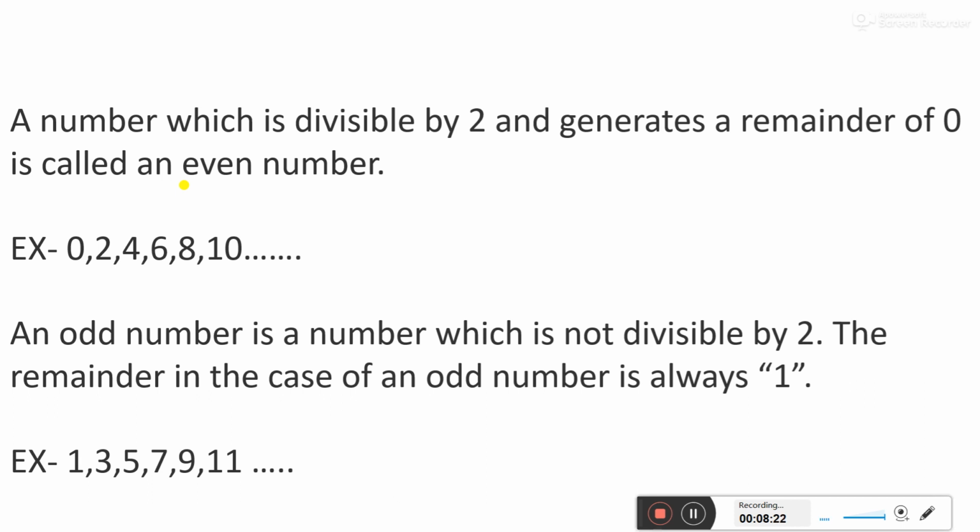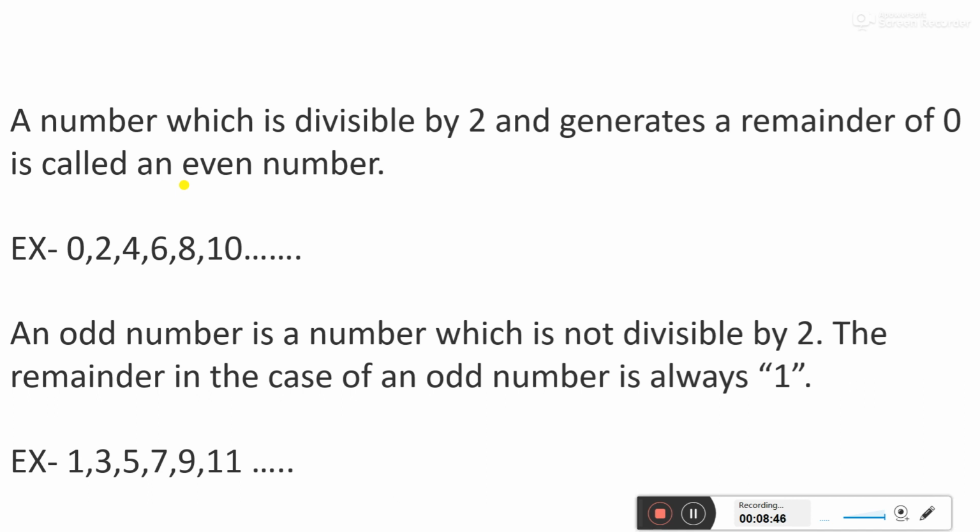Then 5, 7, 9, 11 and so on. These are the numbers which are not divisible by 2, and when we divide these numbers with 2, it will always generate a remainder of 1. So these numbers are called odd numbers.